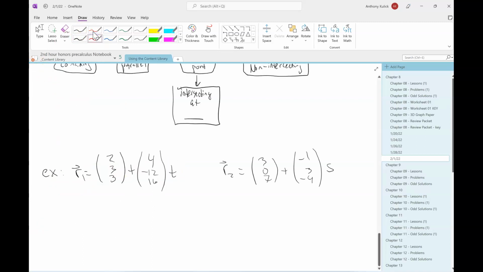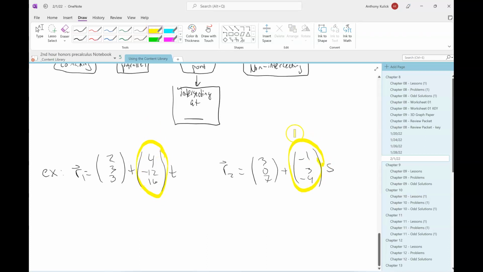Okay, so let's say we have the line R1, which is the vector 2, 3, 3 plus 4, negative 12, 16 times t, and R2, which is the vector 3, 0, 7 plus negative 1, 3, negative 4 times s. So the first thing I want to do is check to see if the vectors are parallel.